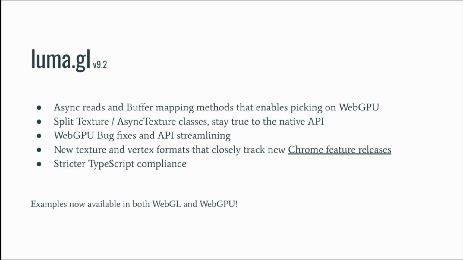As you'd expect, a bunch of bug fixes and general improvements of the API as we integrate this into vis.gl. A bunch of texture and vertex formats, all this bookkeeping, getting us closer and closer to having the full API implemented. And the examples now on the Luma website, you can now switch between WebGL and WebGPU, which is pretty cool.